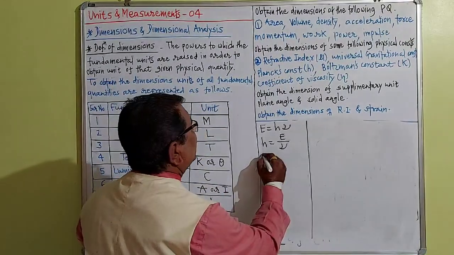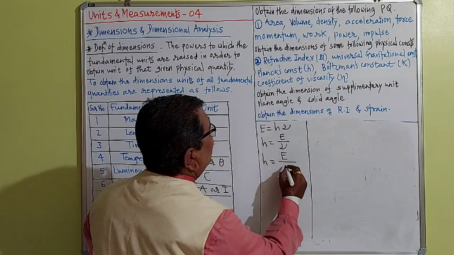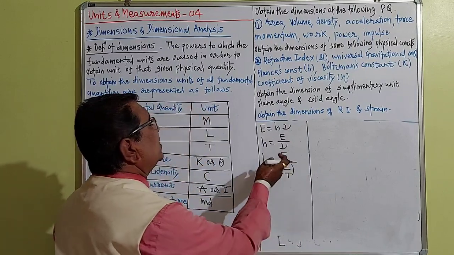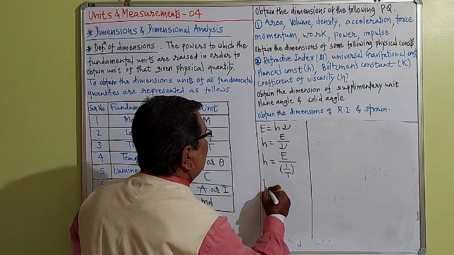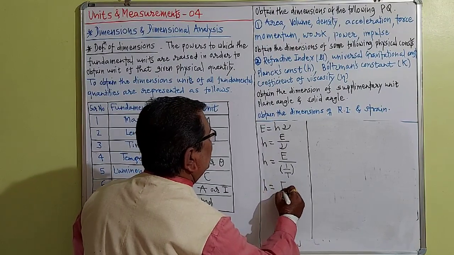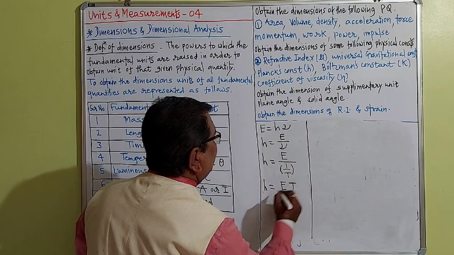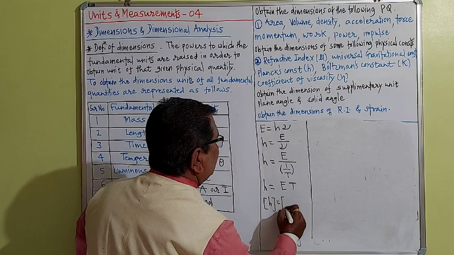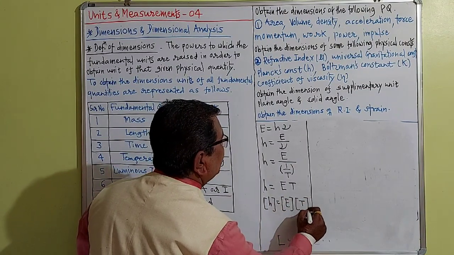So this may be written as h is equal to E upon frequency, 1 upon T, and put the dimension here. Okay, we will solve here. h is equal to E into T. So dimension of h is equal to dimension of energy into dimension of time.